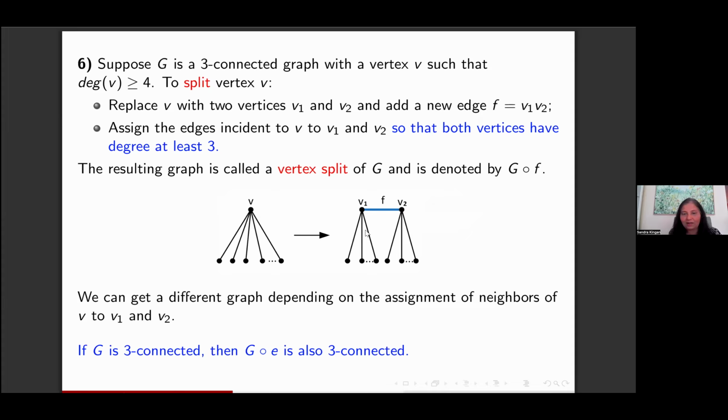Otherwise, you lose 3-connectivity. You can split a vertex without necessarily doing this, but let's just call this vertex split. Now, we can get a different graph depending on the assignment of neighbors to v1 and v2. And on my next slide, there is an example. So take a vertex, break it up into 2 vertices, and put an edge over there.